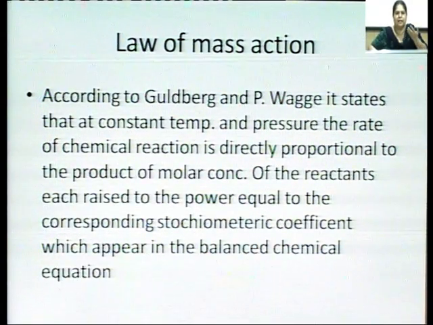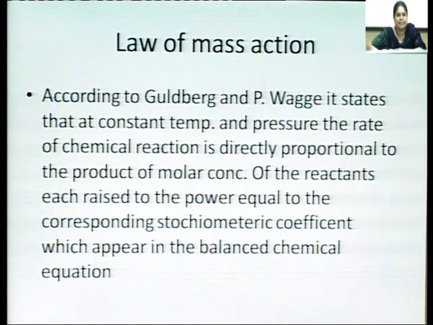This law of mass action was given by Guldberg and P. Waage. As you can see over here, according to this law, the rate of a reaction is directly proportional to the active masses, or we can say the product of molar concentrations of the reactants with each concentration term raised to the power equal to the corresponding stoichiometric coefficients which appear in the balanced chemical equation.